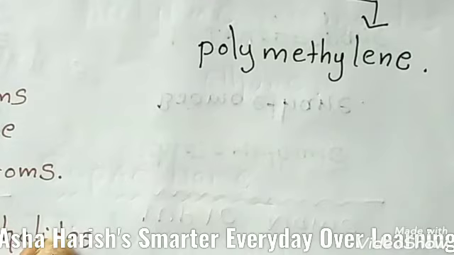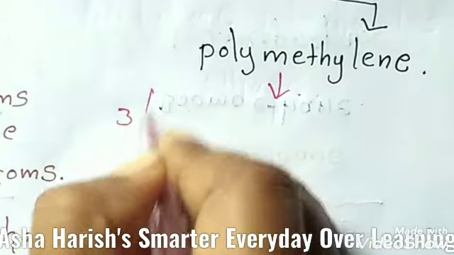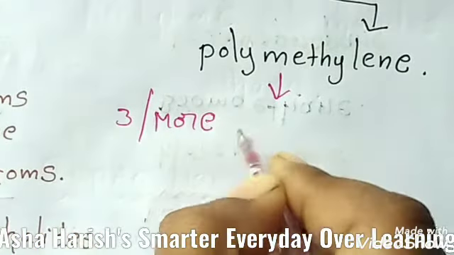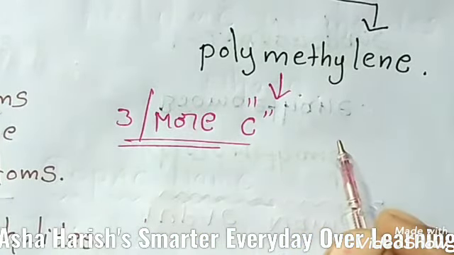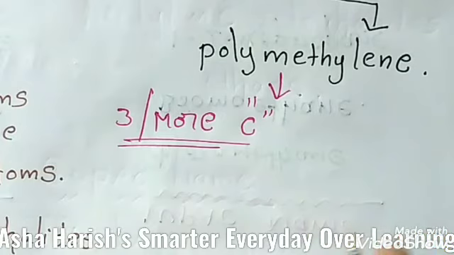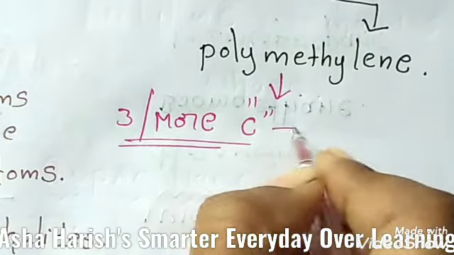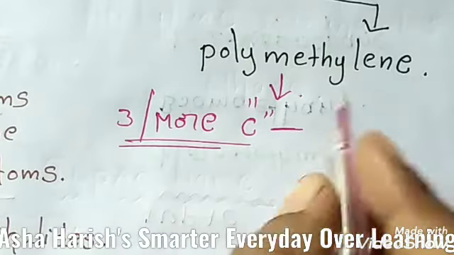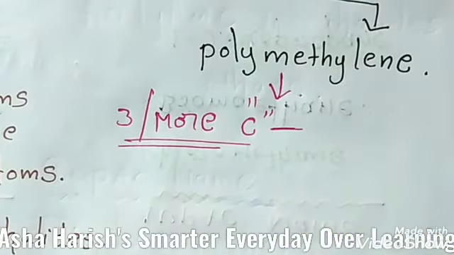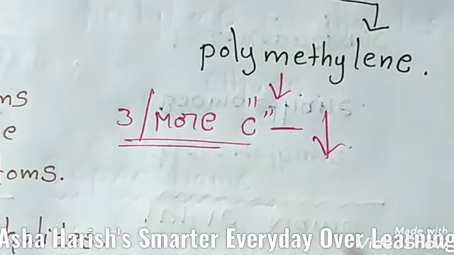Here students, you can see that these are dihalogen derivatives of alkanes containing three or more carbon atoms, in which the two halogen atoms are present on the terminal carbon atoms. These are polymethylene dihalides.